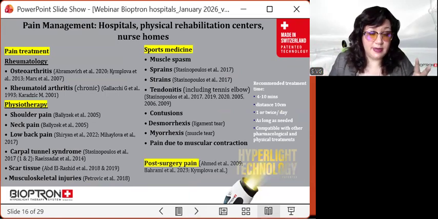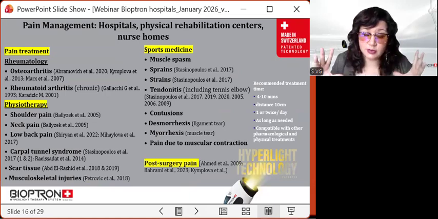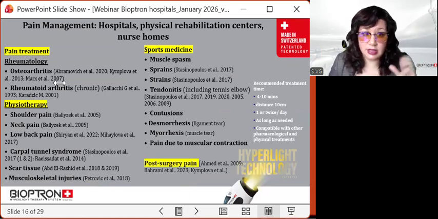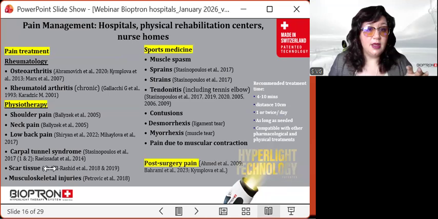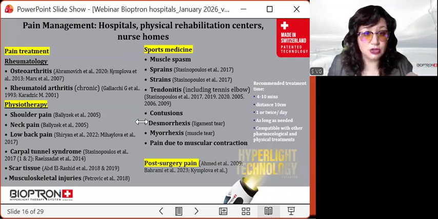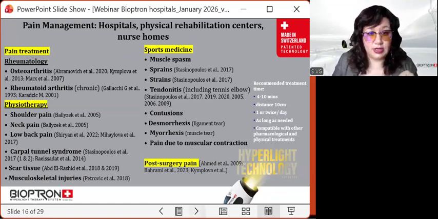Also for pain management, you can approach hospitals, physical rehabilitation centers, nursing homes for the treatment with Bioptron in different domains. In rheumatology for chronic issues, in physiotherapy for pain in different joints, sports medicine for different muscle and tendon lesions, also for post-surgery pain, as we saw for the C-section or other issues.